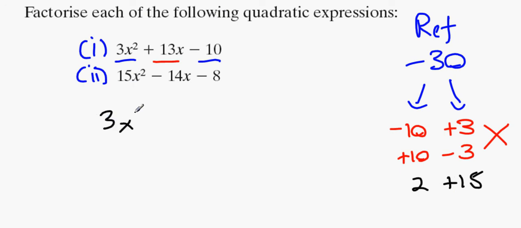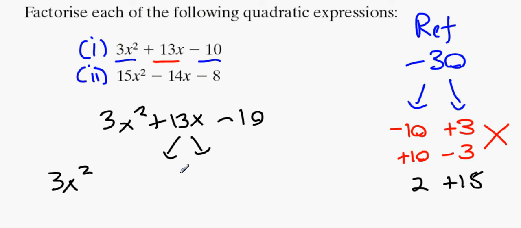So 3x squared plus 13x minus 10. What you do is you break up the 13x, so you get 3x squared, minus 2x plus 15x, minus 10.